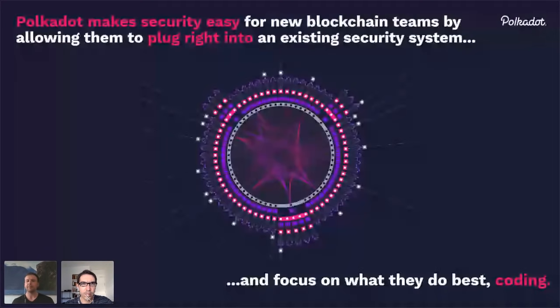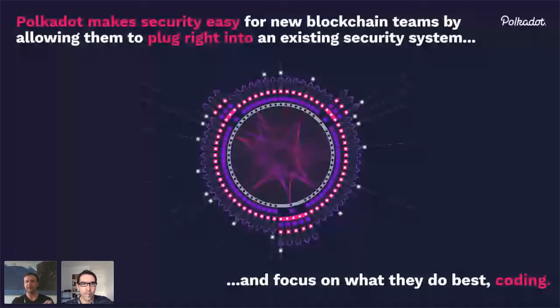The reason I set that up is because that is how Polkadot's security model works. Polkadot makes it super easy for blockchain teams building their own blockchain to just plug into the existing security system that Polkadot has set up and focus on what they do best, which is coding and building their blockchain.